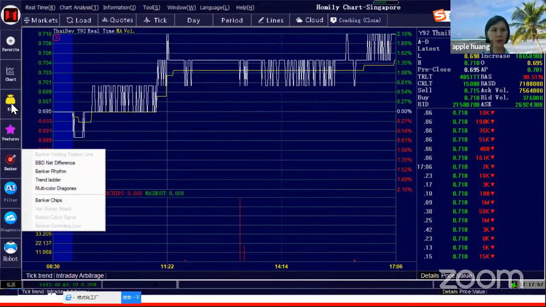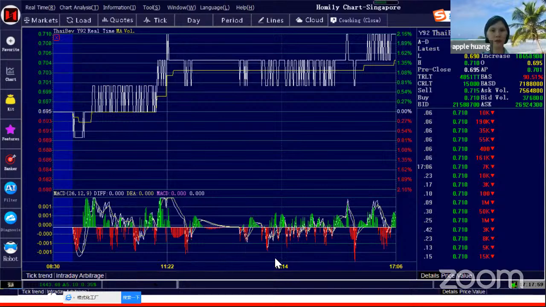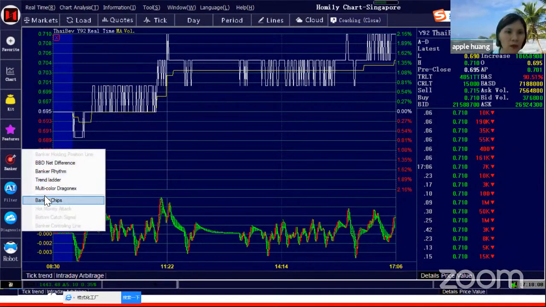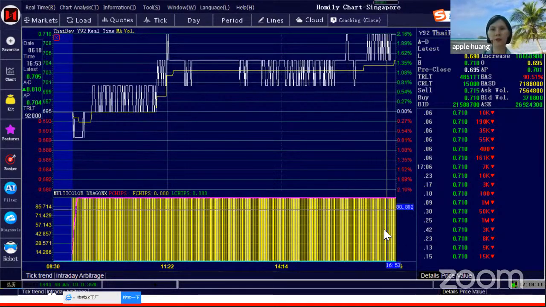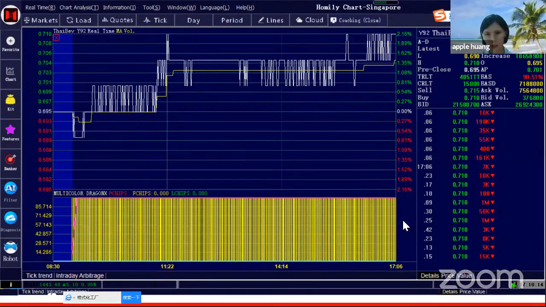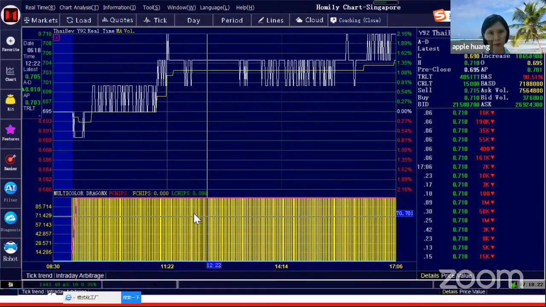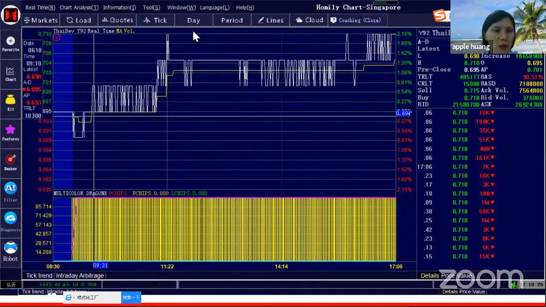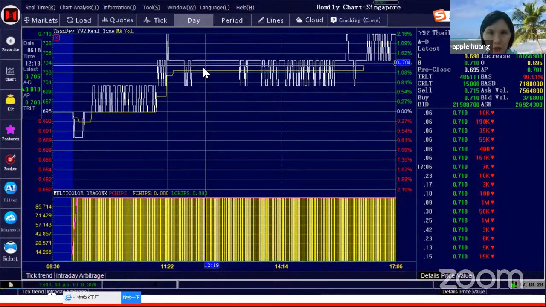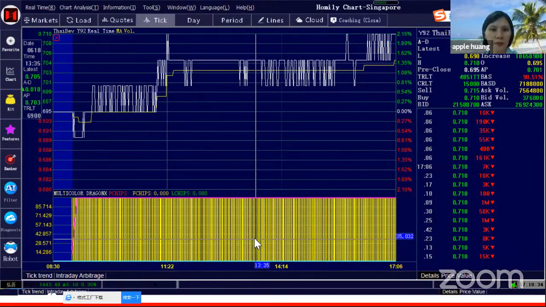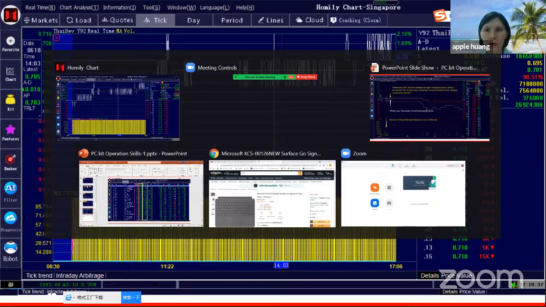And we see the deviation expert, and the multicolor dragon next. Not easy to have the banker source inside, so this one is all yellow. So this is the way to call out different indicators in a tick chart.